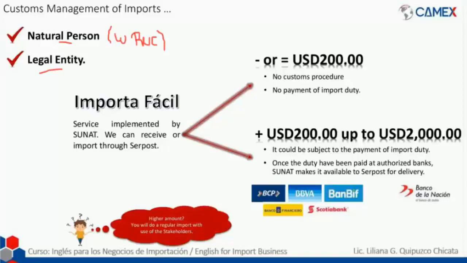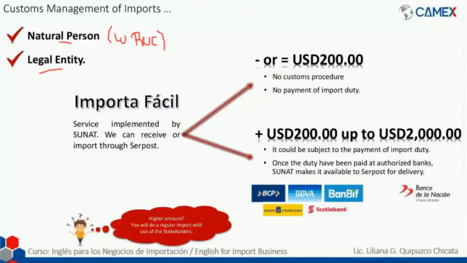If you're going to sell, you have to have a RUC, a natural person RUC, or in this case a TIN, a tax identification number. But also you have to be a natural person with RUC and a business, in this case, for SUNAT.